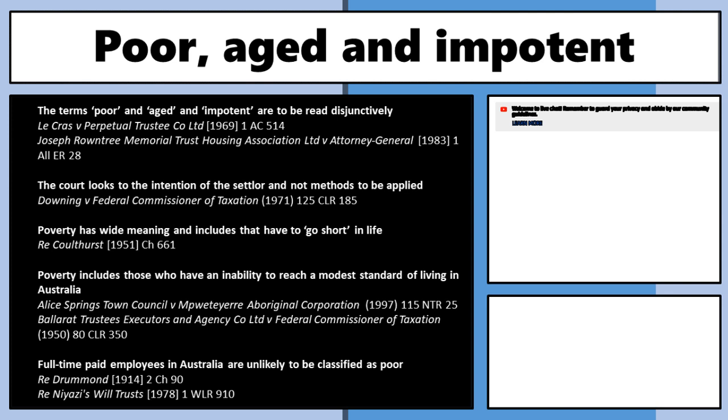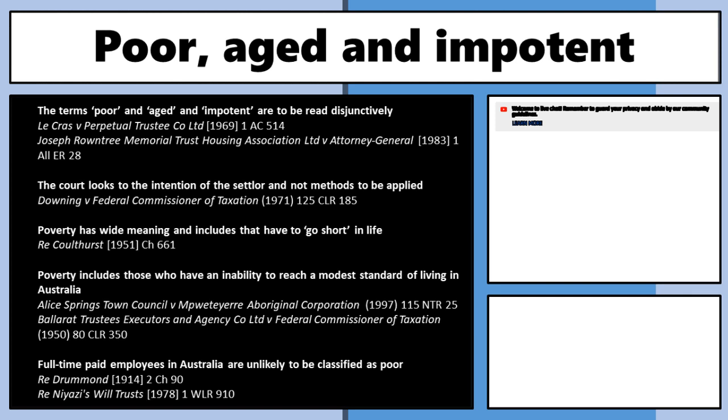That probably wouldn't be acceptable, even though strictly speaking it arguably doesn't have this public benefit test. Okay. Now, that rule about the public benefit test not being strictly applied to poor doesn't necessarily apply to the other two categories, aged and impotent, which we'll talk about in the next slide.